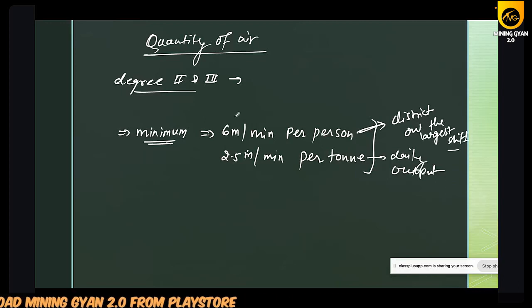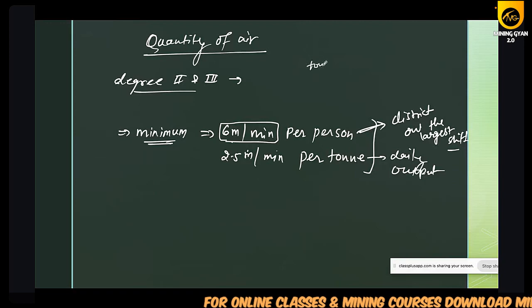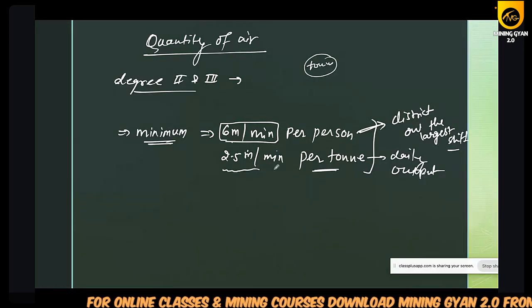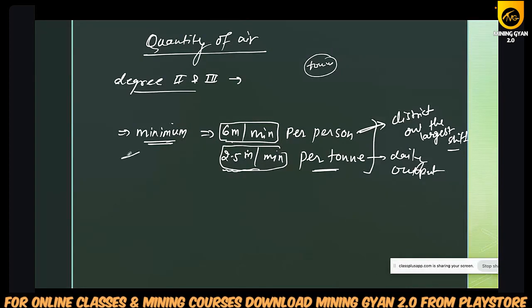Okay. So if in the underground we want to calculate the airflow, the quantity of the air, we have to multiply per person; we need 6 meter per minute per person of airflow for one person. And if we are producing tons of coal, then for per ton we need 2.5 meter per minute. Please remember this information, because I have seen questions based on it.